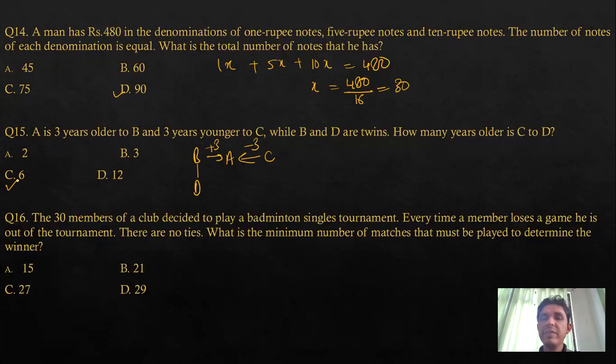If there are 30 members in the tournament, and 29 have to be out, then 29 matches must be played, and the one player who wins is the winner. So the total number of matches that should be played will be 29.